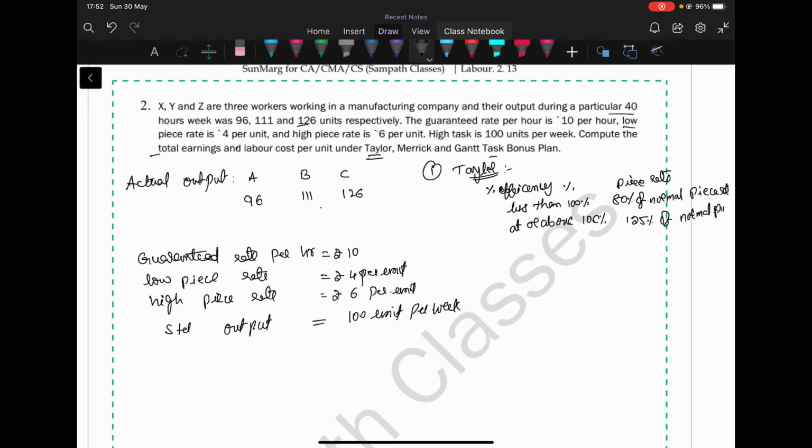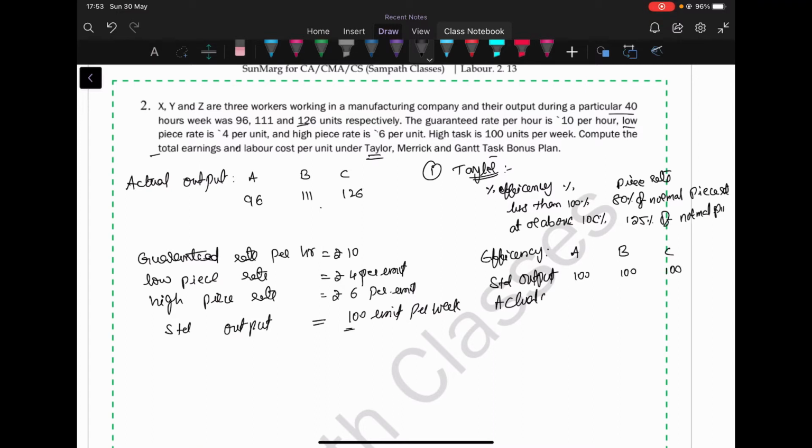Here, first we will find out the efficiency of the employees. There are 3 employees A, B and C. Standard output must be how much? Standard output must be 100 units for every employee. But how many units they produced?